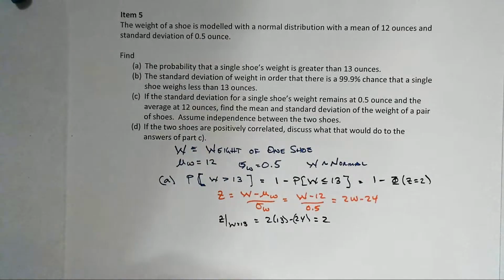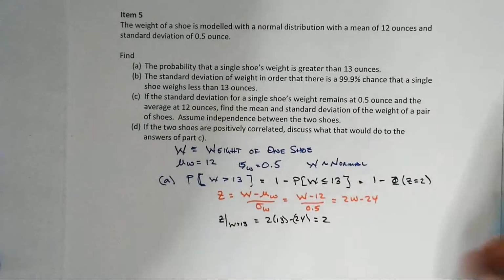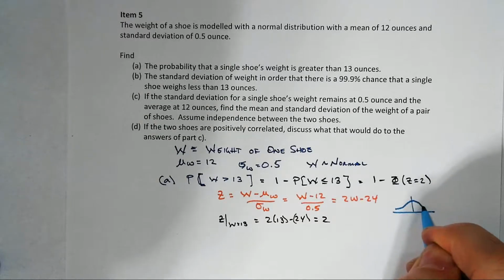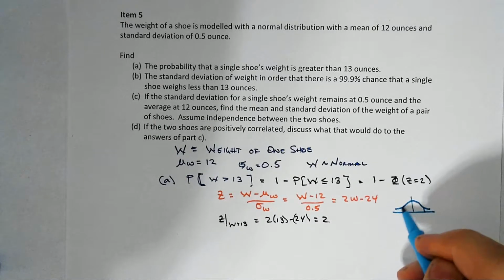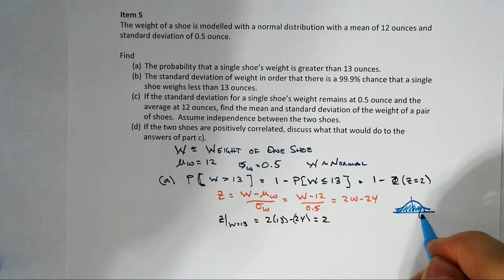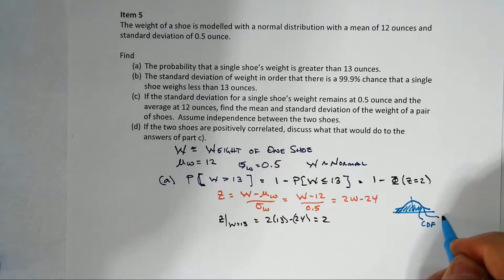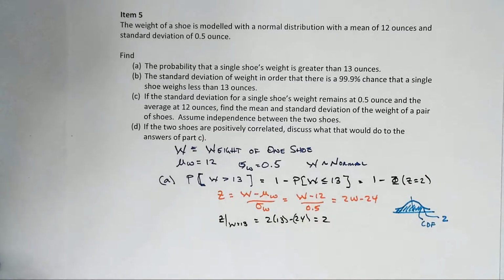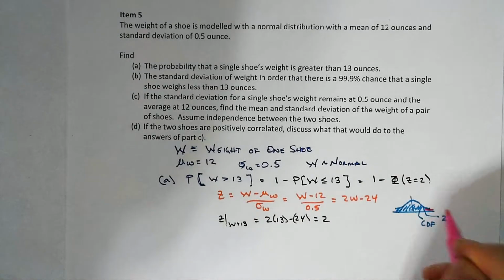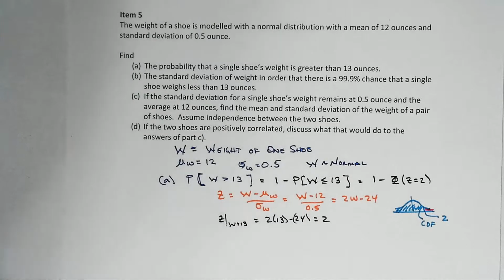And on that bell curve, then we're looking at all this probability area or mass. That's the CDF at z equal to 2. What we really want is the area that's out here in the tails. Hence why we're doing the 1 minus business.